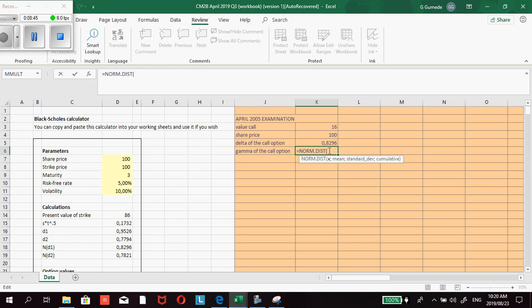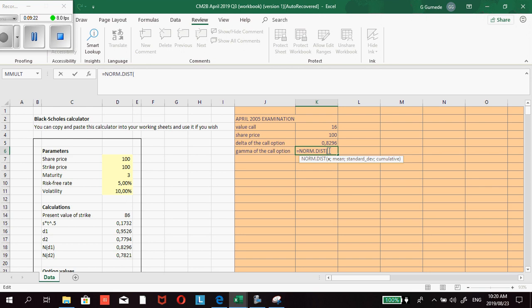Remember, I said to you, the gamma of the call option is the standard normal with mean 0 and variance 1, evaluated at d1, divided by S times sigma times the square root of capital T minus little t.